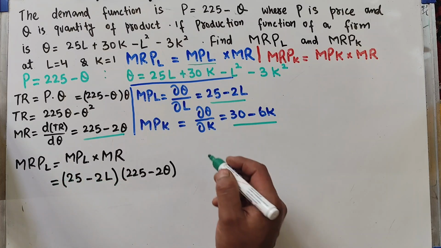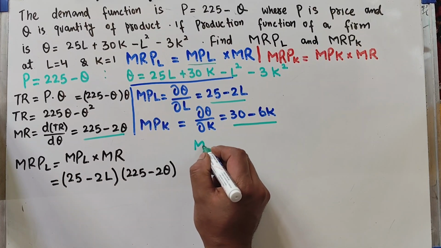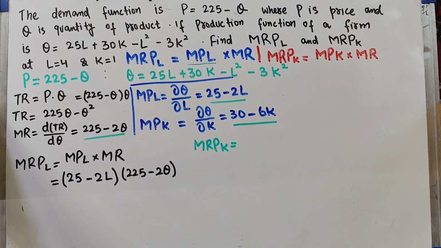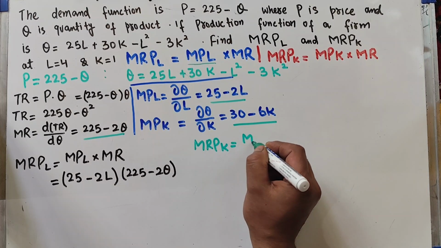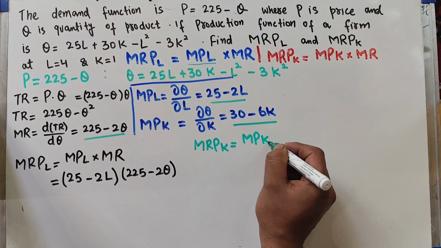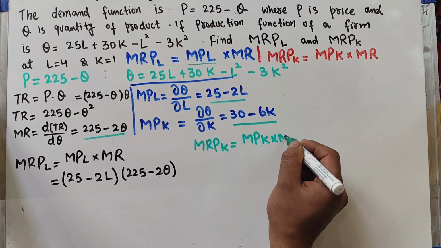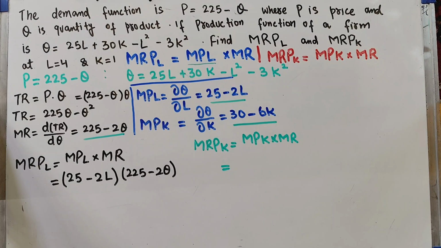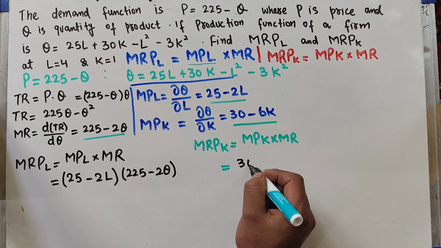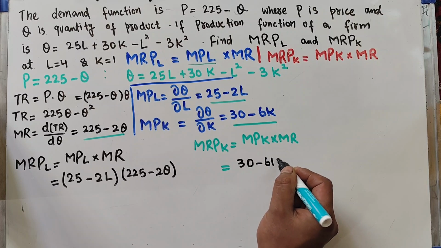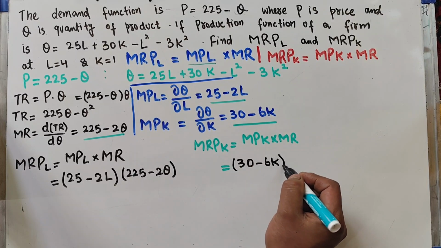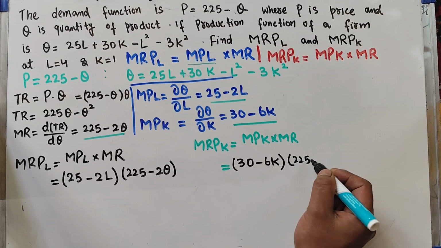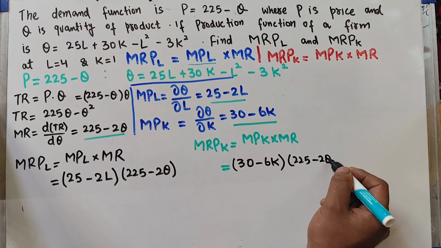We also need to solve this. Okay, so let me first write the marginal revenue product of capital. That will be equal to the marginal product of capital times marginal revenue. So that will be equal to marginal product of capital, which we calculated as 30 minus 6K. To this we multiply the marginal revenue, that is 225 minus 2Q.